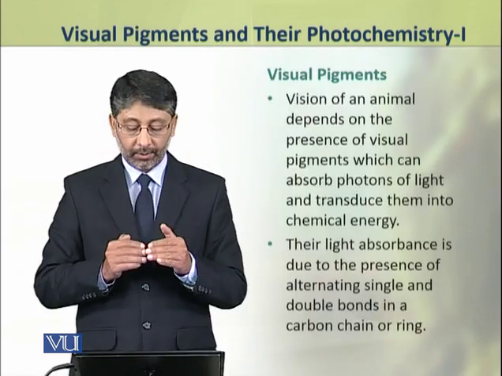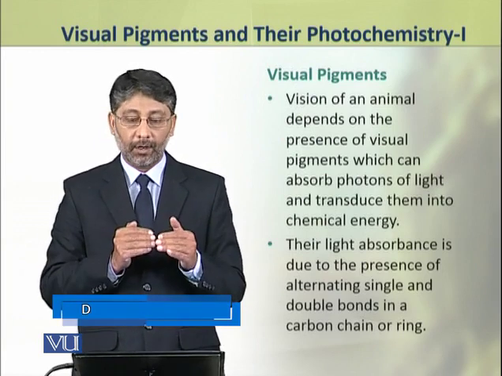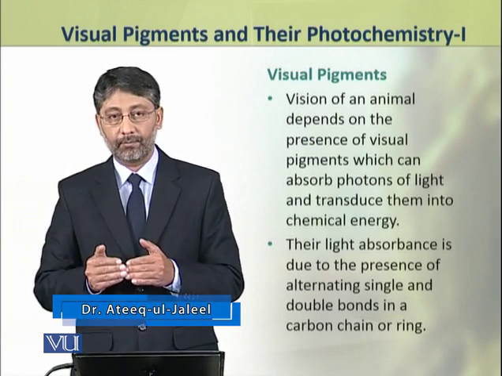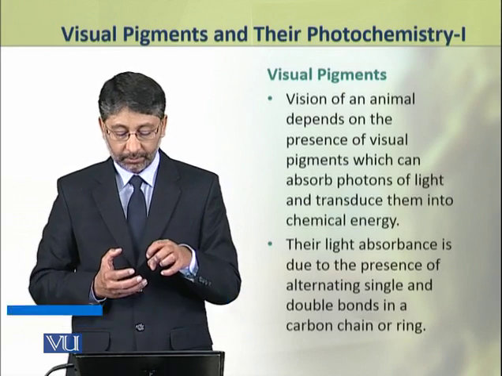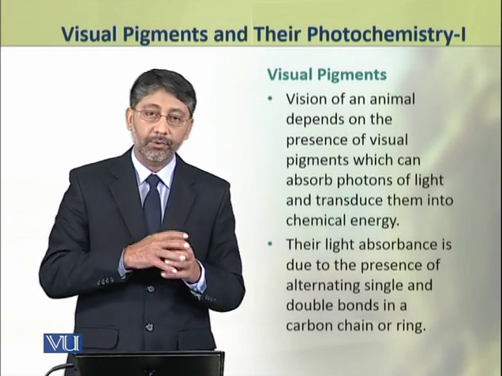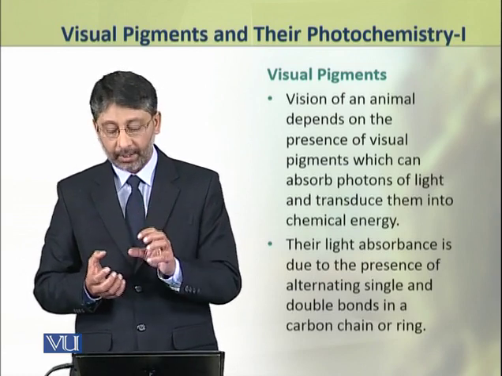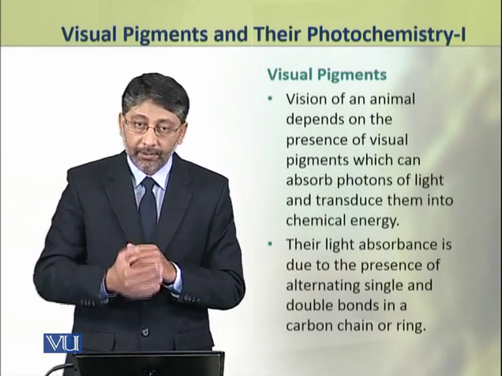Dear students, the vision of an animal depends on the presence of visual pigments. These pigments can absorb light and transduce the photons of light into the chemical energy and electrical signals.